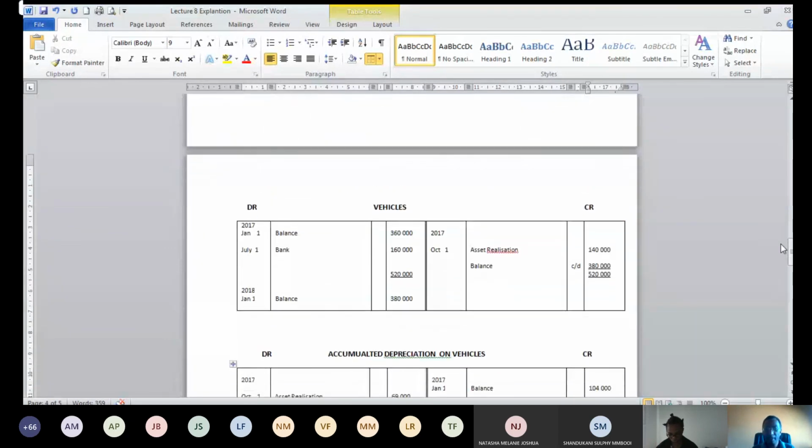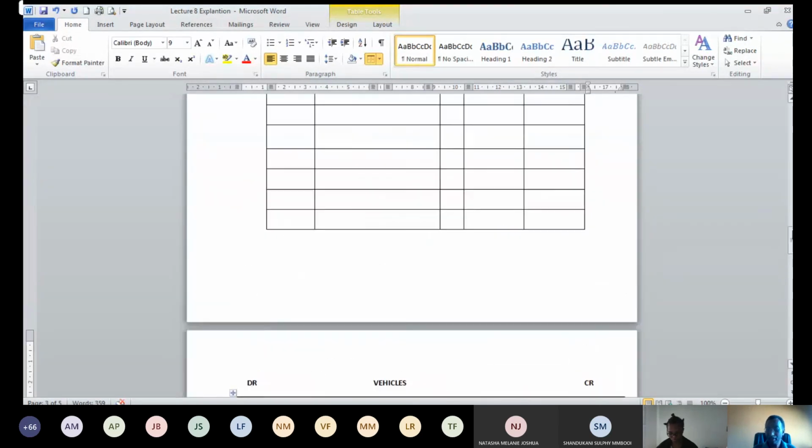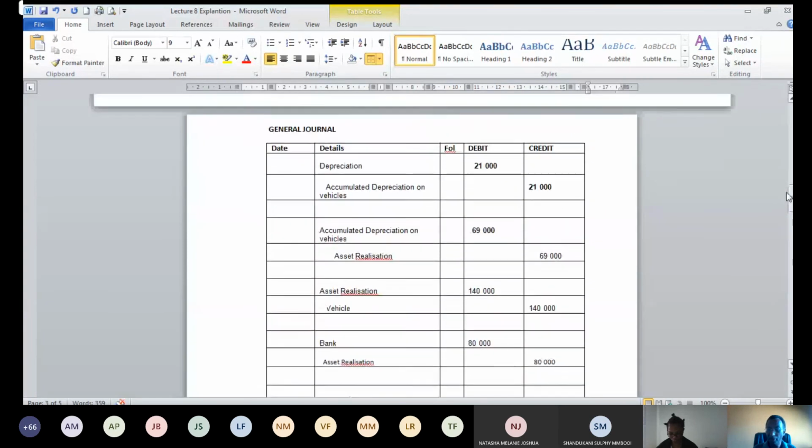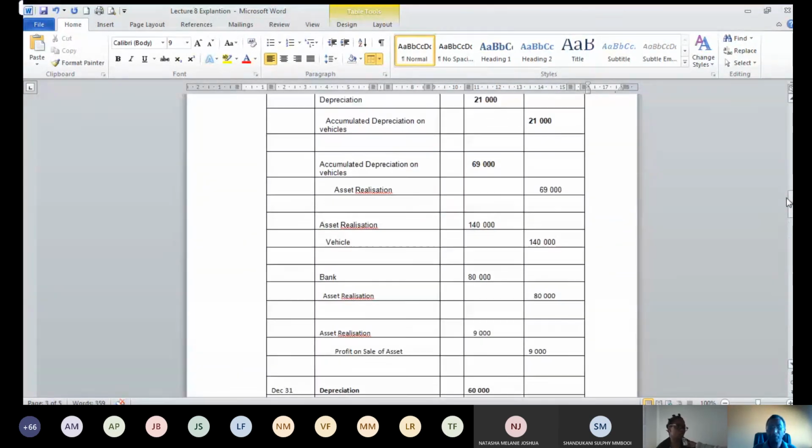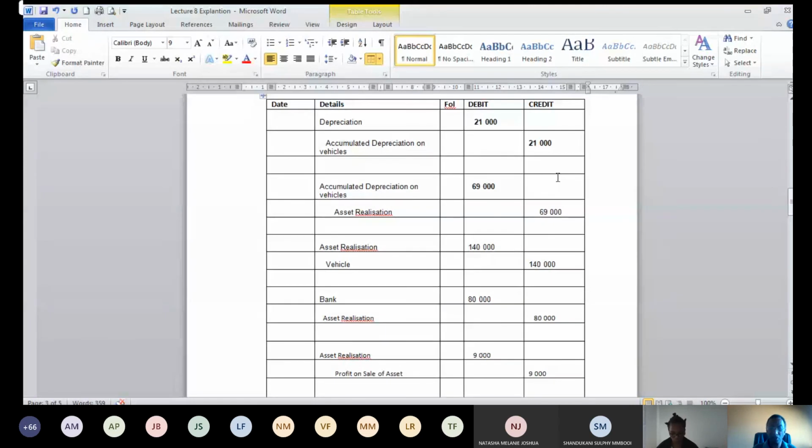And your vehicle account, you will calculate the balance there. So balance the vehicle account, balance your accumulated depreciation account, guys, and that will take care of the entire asset realization process, the recordings in the journal, as well as the recordings in the ledgers.